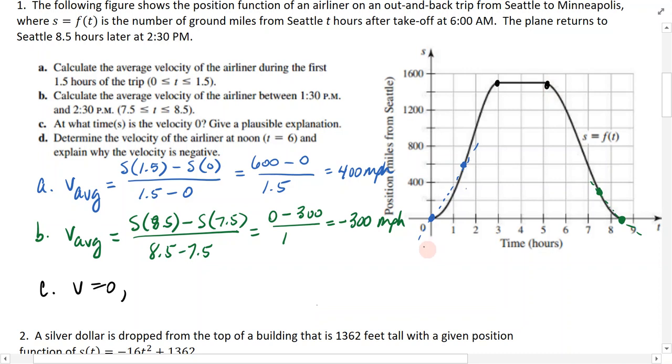And that's occurring if we left at 6 a.m. Then this would be about, that's roughly 9 a.m. And then this is 11 a.m. Okay, so it's a little shy of 9 a.m. and it's a little past 11 a.m. So we're going to call that 8:45 to 11:15, where if you think about this, we flew from Seattle to Minneapolis.